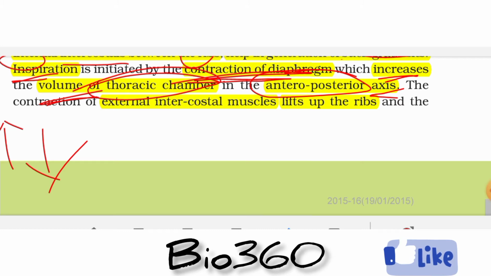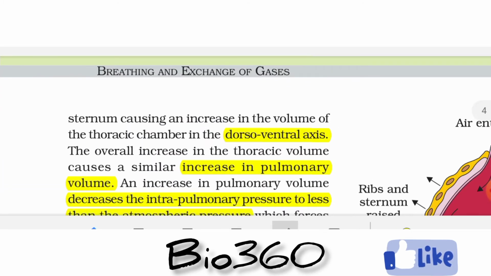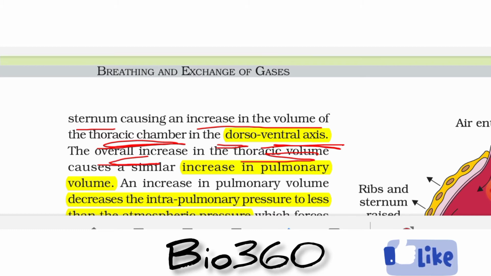The contraction of external intercostal muscles will lift the ribs, and also it lifts the sternum, which causes an increase in the volume of the thoracic chamber by the dorsoventral axis. This overall increase in thoracic volume causes a decrease in the pulmonary pressure.